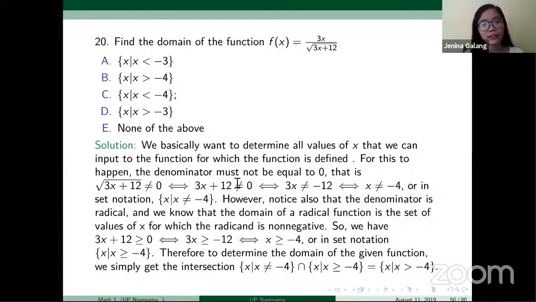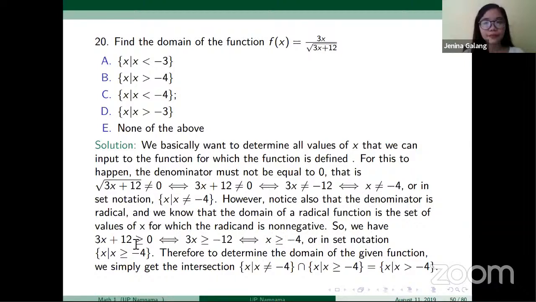Nag-squared lang tayo both sides. 3x plus 12 should not equal to 0. And transpose to -4. And notice that the denominator is radical, and we know that the domain of a radical function is the set of non-negative.